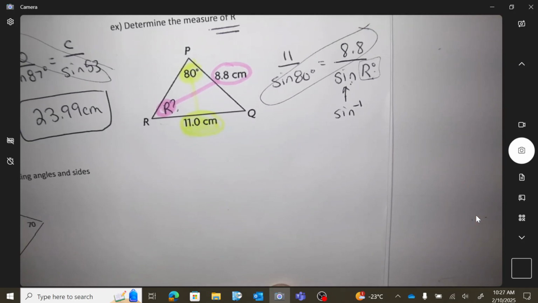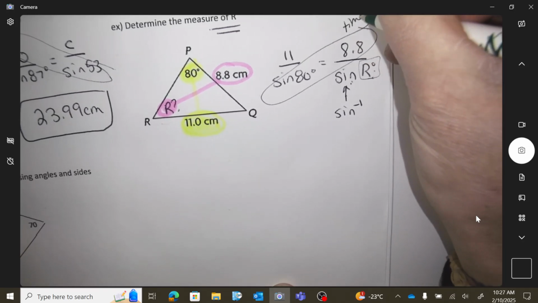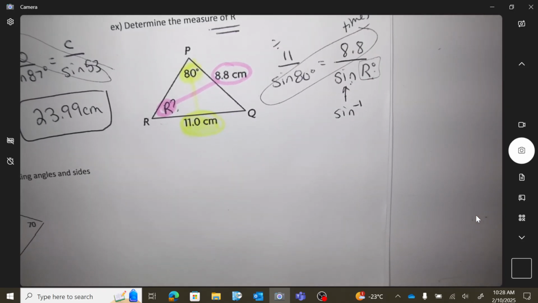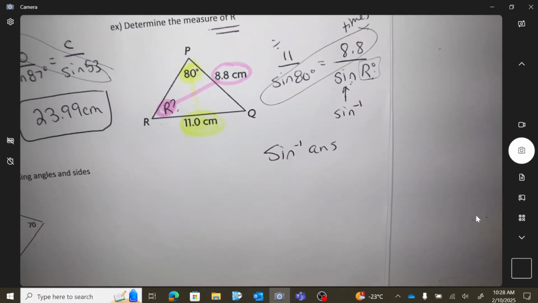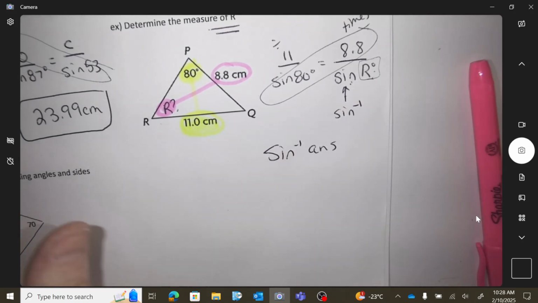Okay, so here's my steps. Times diagonals. Divide by the lonely. Sine inverse. And then you're using that answer button again. So see if you can get a matching answer to your table partners here.